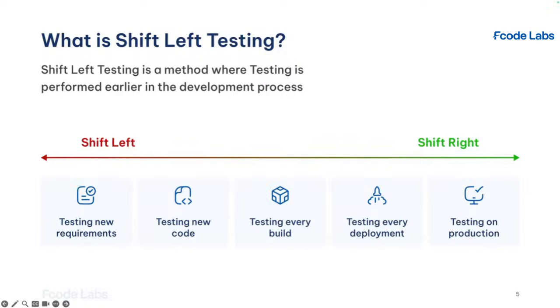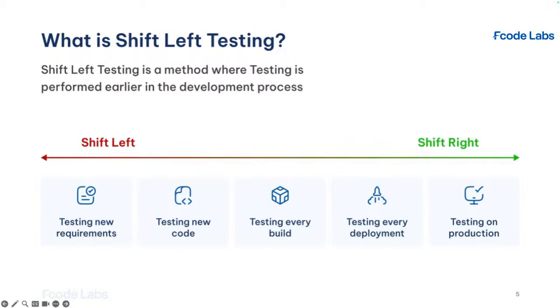Shift left testing is a method where testing is performed earlier in the development process, as early as possible. This means the testers and the quality engineers have to change their mindset about testing, and the developers and all the other stakeholders have to change their mindset about testing as well.